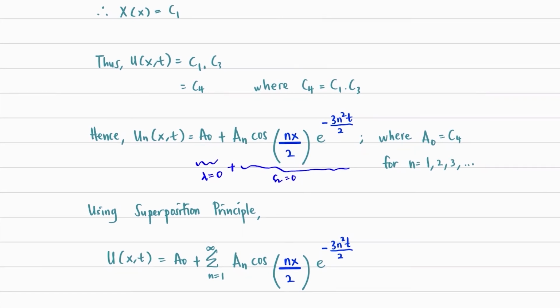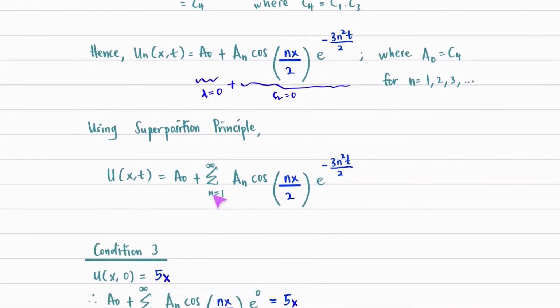Using superposition principle, u(x,t) can be written as A naught plus summation n from 1 to infinity A of n cos nx divided by 2 exponent negative 3 n squared t divided by 2. Where there is a change here.